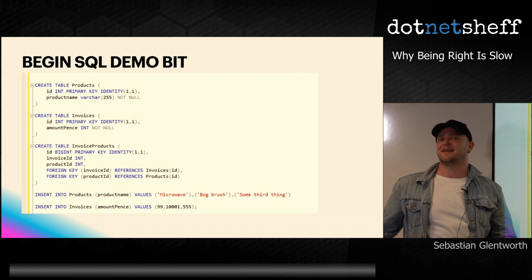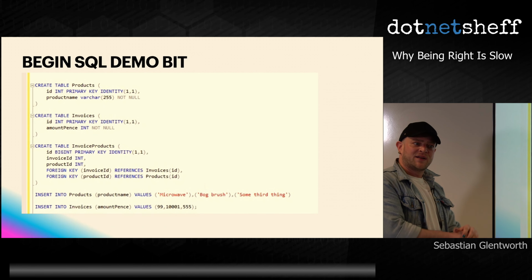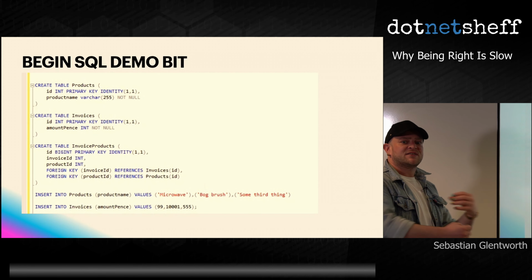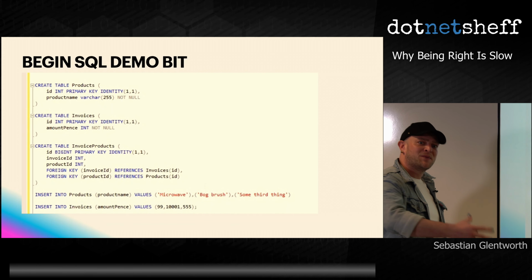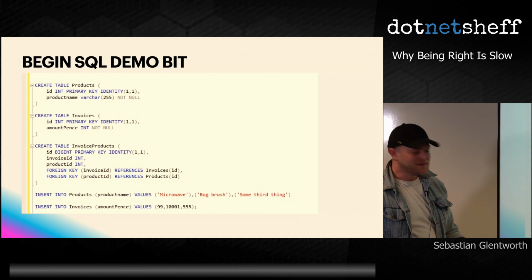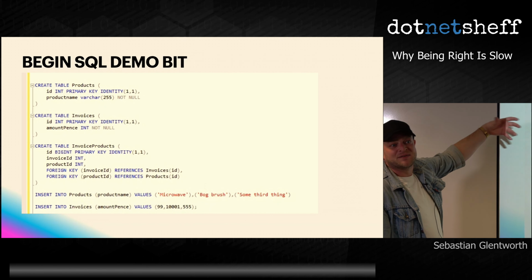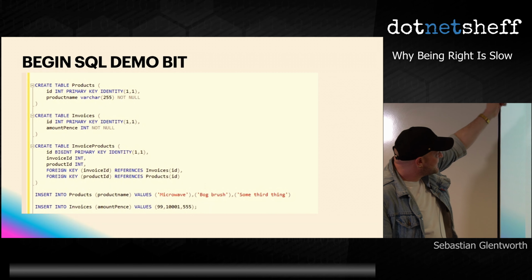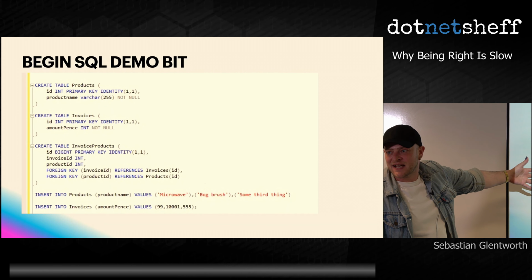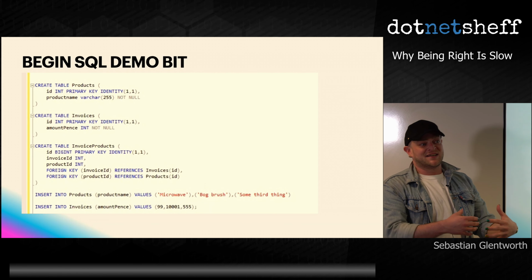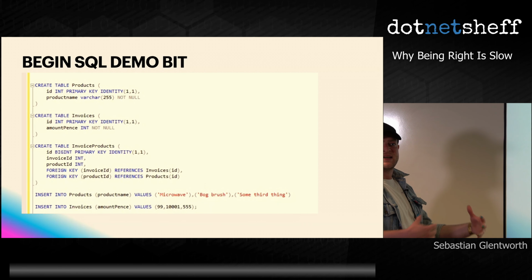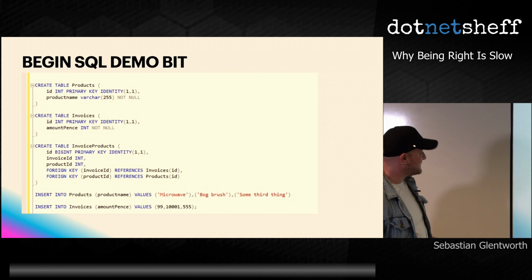It doesn't really mean anything; all it is is a monotonically increasing key. So it starts with 1, next one's 2, one after that's 3, etc. We've got our invoices, which is very much the same as our products, and we have an intermediary table of invoice and products in which your invoices and your products are tied together, because obviously you can have many, many products on a single invoice.